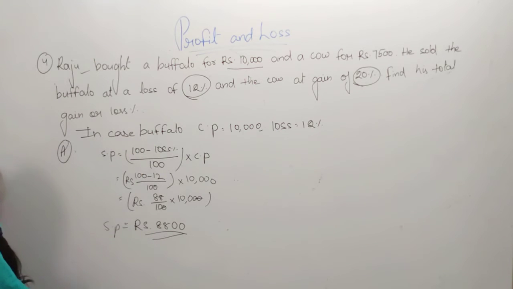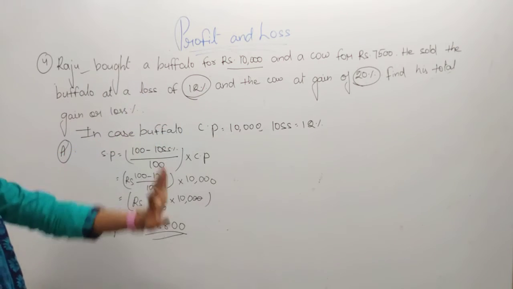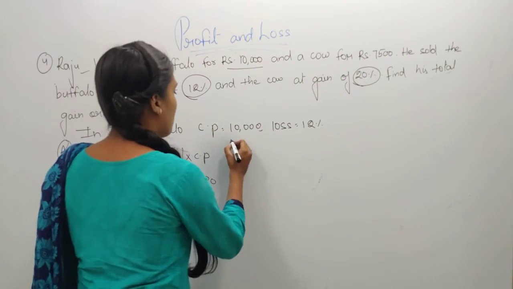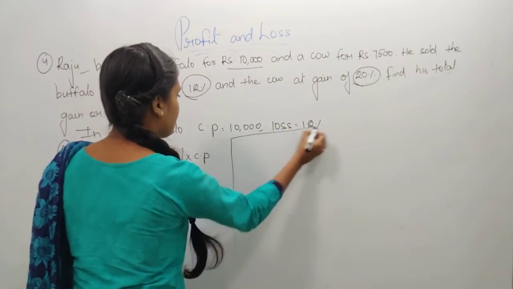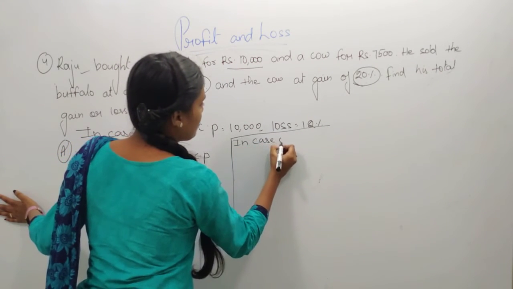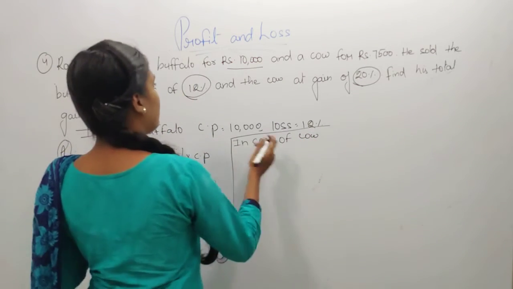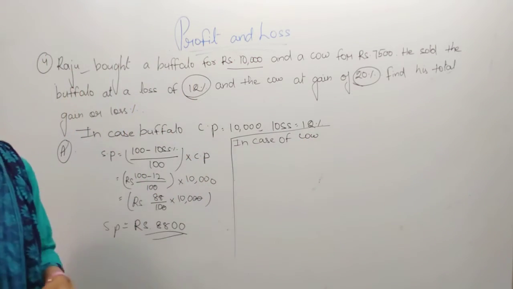Now we have to find out what? In case of the cow, what is given? Here, what is given in the question?